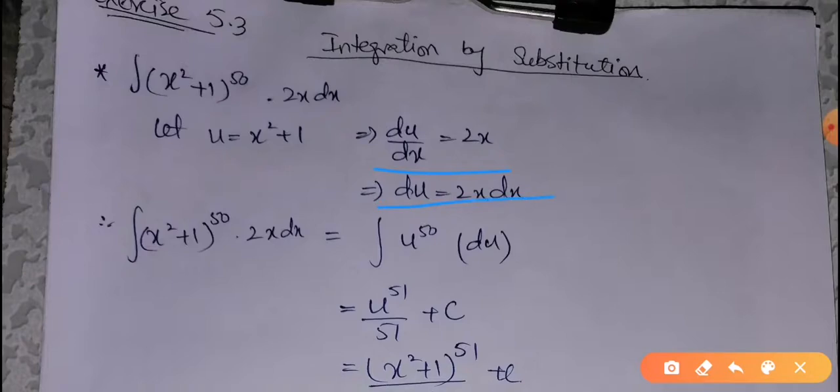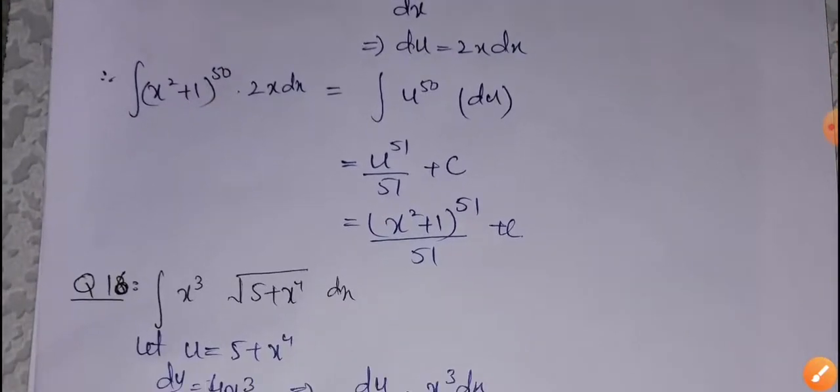Now inserting the values, the integral of (x square plus 1) whole power 50 is going to be u power 50, and 2x dx will be equal to du. So you can see that our integral is now shifted to the new variable u. Now by using the power rule, we will get u raised to the power 51 over 51 plus some constant of integration, and inserting the value of u again, we will get the final answer.